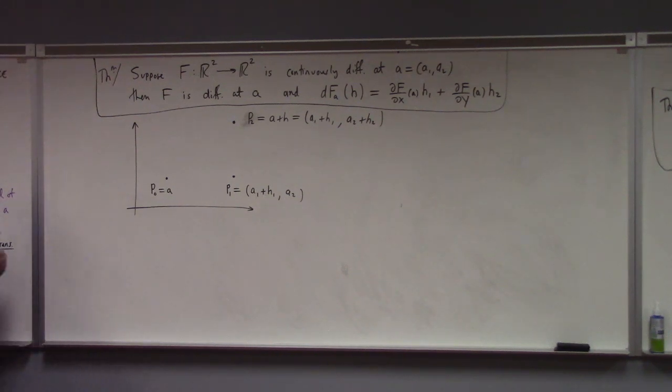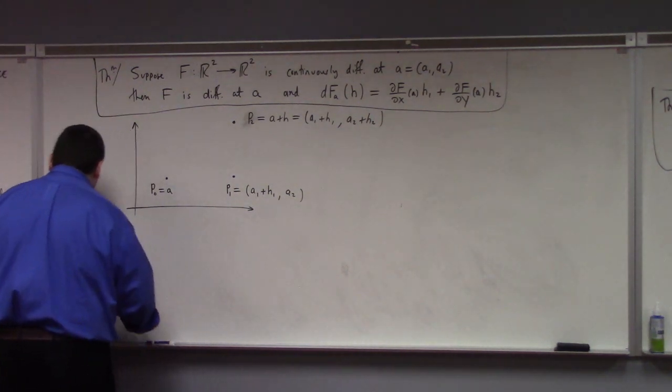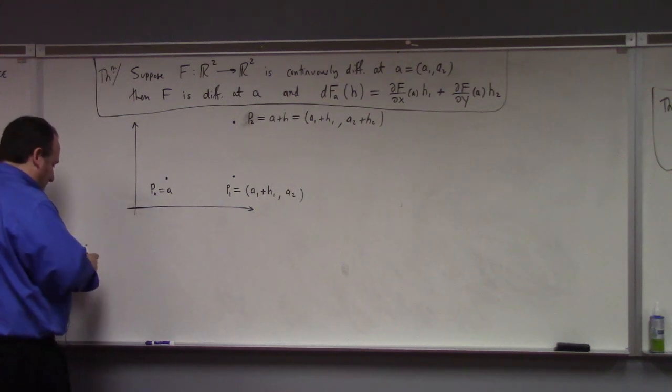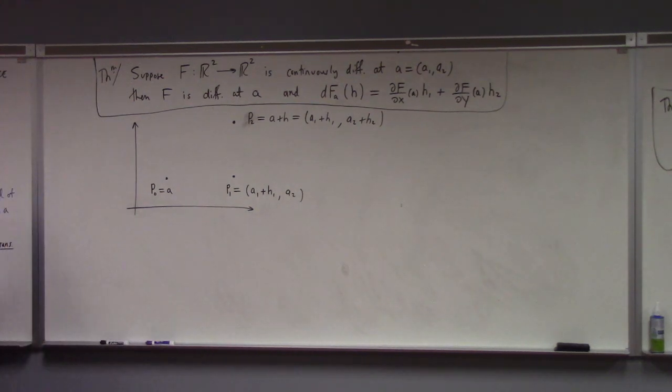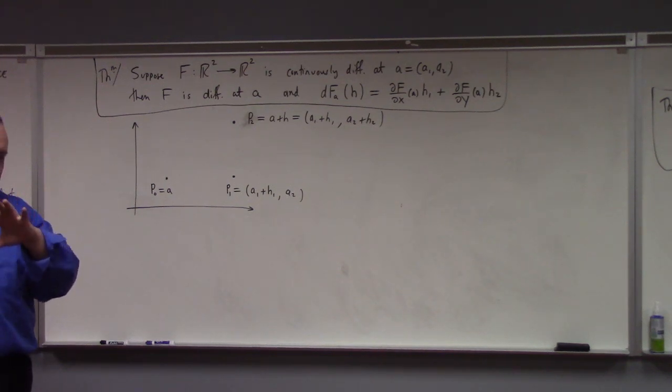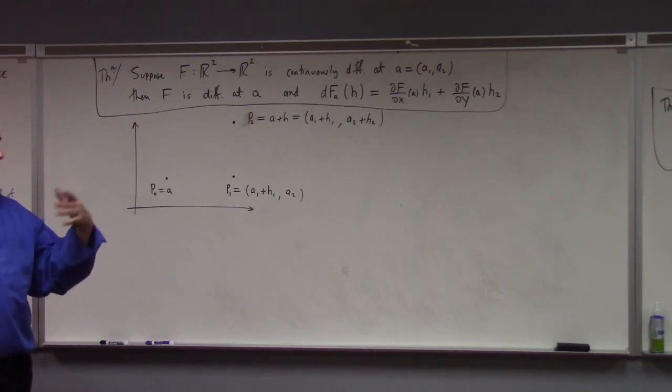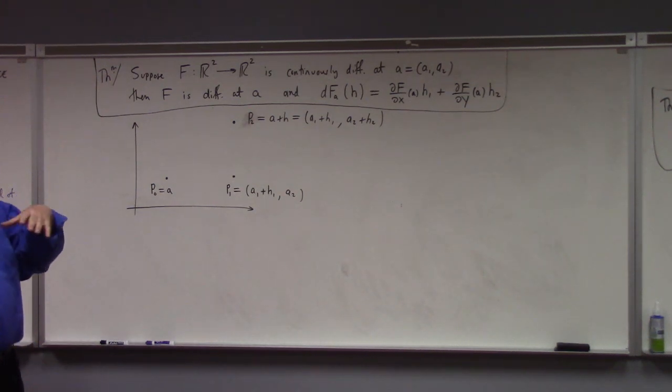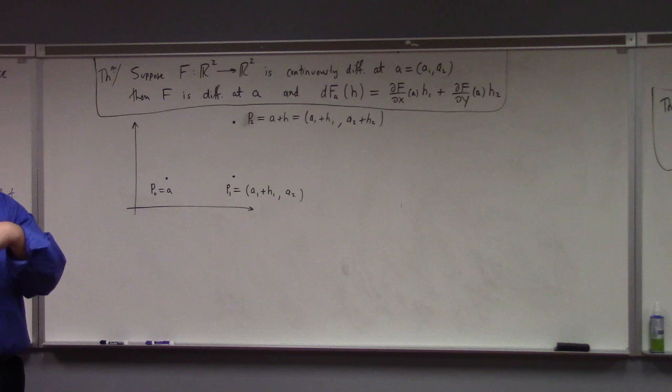Fine. Now, what we're going to do is suppose all of this is inside. We're assuming that the function is continuously differentiable at A. If we study the topological aspect of this better, the assumption of the theorem was that the derivatives exist near A, right?